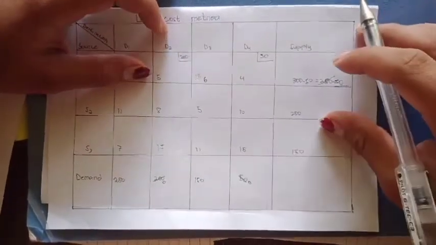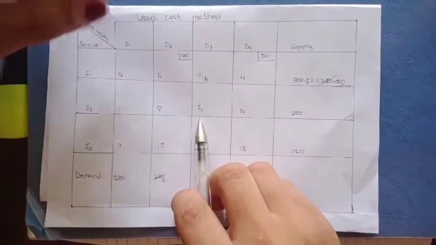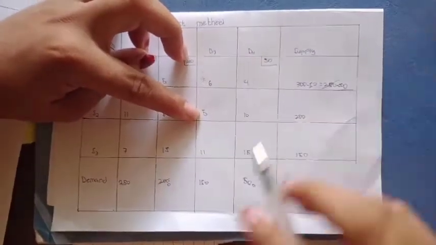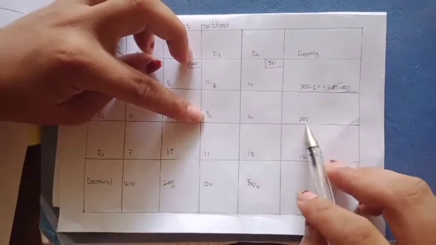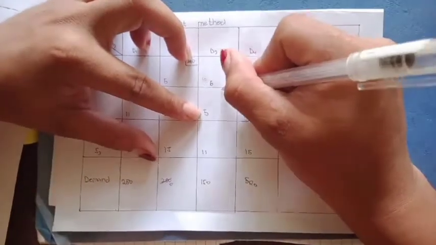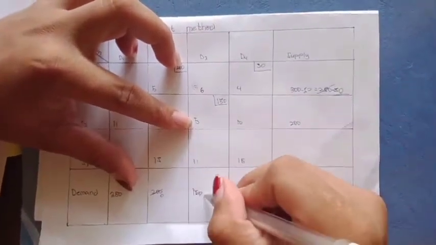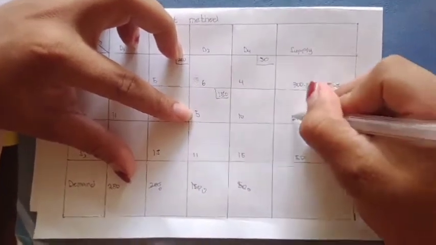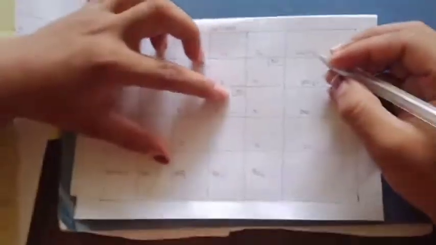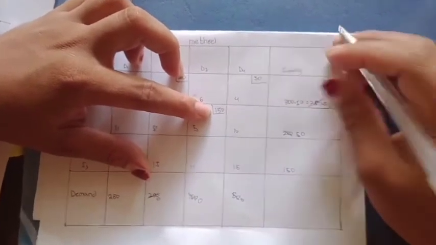Then next is 5, because we have 5, then we have a supply of 200 and a demand of 150, so we need to allocate 150 here, and then this will become 0, then 200 minus 150, this will become 50.